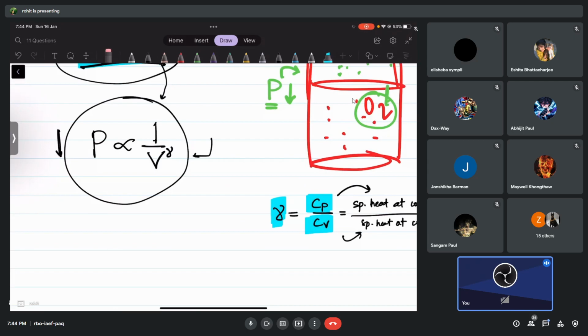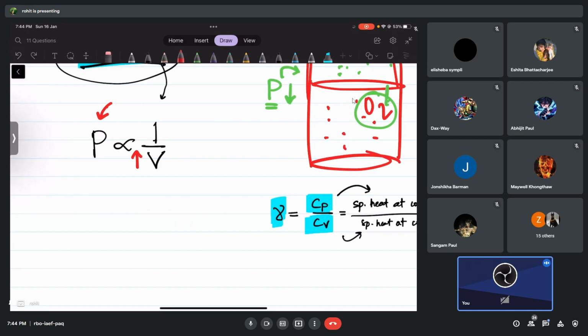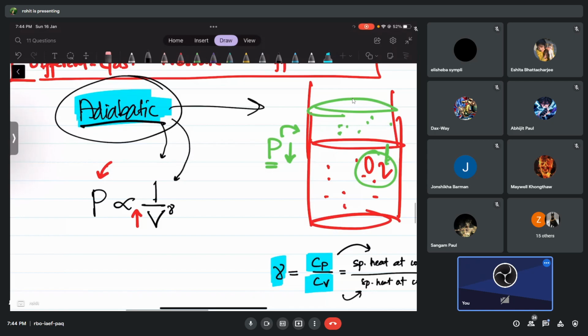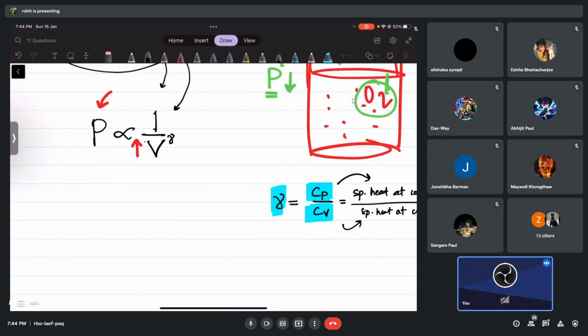See, guys, I told you that increase of volume has a huge effect on pressure. And that's why the power of the volume cannot be 1. In this case, the power is found to be equal to gamma in an adiabatic process. Always remember this. That means when I change the volume, 1 by volume will change to the power gamma, and as a result the pressure can decrease very rapidly.